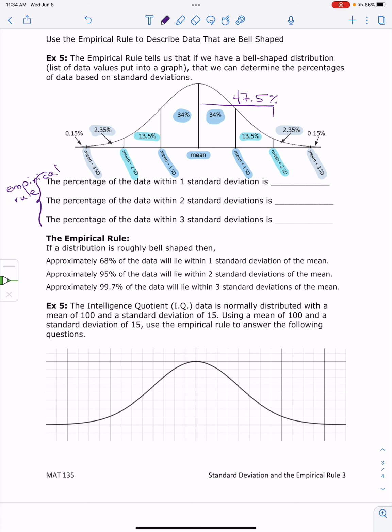The percentage of data within 1 standard deviation is approximately, good to work with, 68%. Roughly 2/3 of our population, if we're talking about height, if we're talking about shoe size, if we're talking about IQ scores, is within 1 standard deviation of the mean.